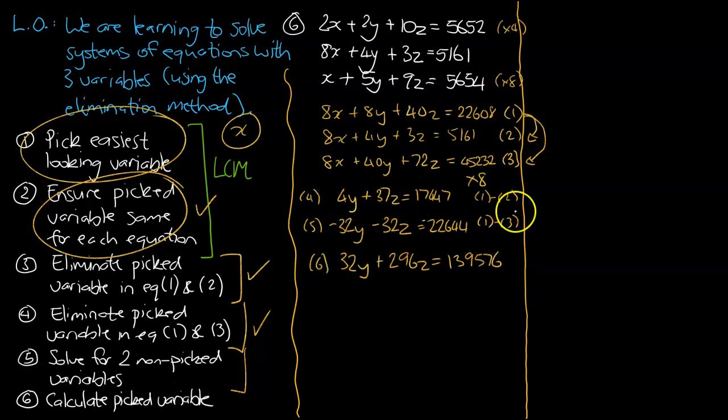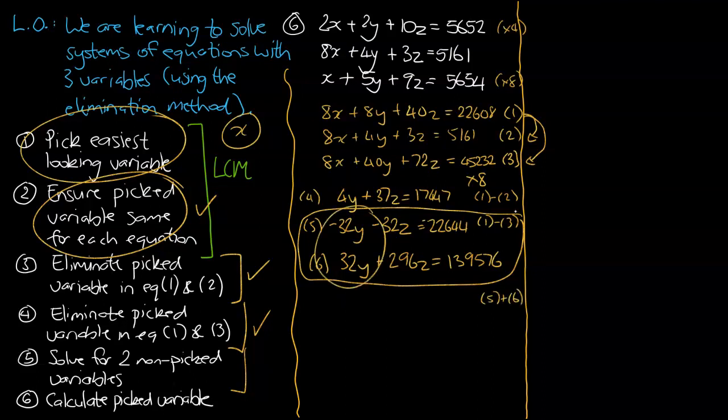And I like that because those bottom two equations, they both have that 32y part of it, so I can cancel them out. And this time around, I can cancel them out by adding. So it's, I think, the first time in this video I've actually added stuff together. I can add them together to get rid of the y's. So those y's are gone. We can now add the z's together, and that's going to get me to 264z, and that will be equal to the two numbers.